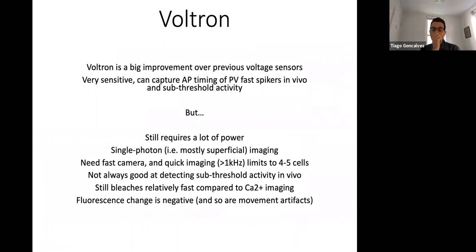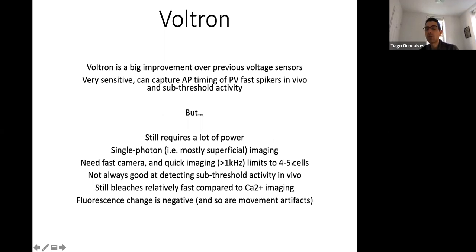Voltron, we gave a journal club on this recently, and it's really sensitive. It can really capture action potential timing, even in fast spikers, and subthreshold activity, but it still requires a lot of power for imaging. It's single photon imaging. You need a fast camera and very quick imaging.